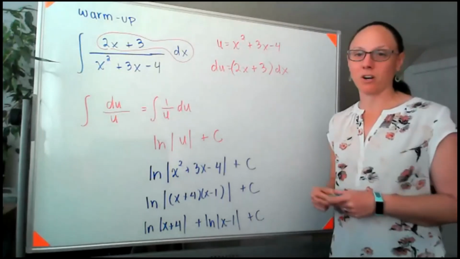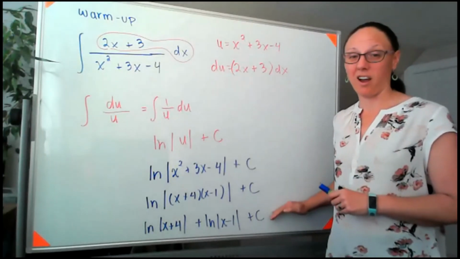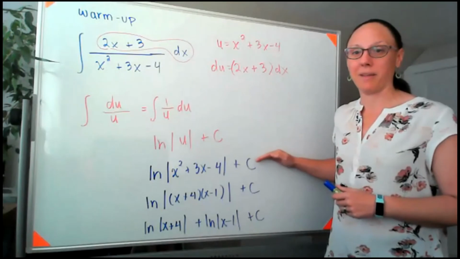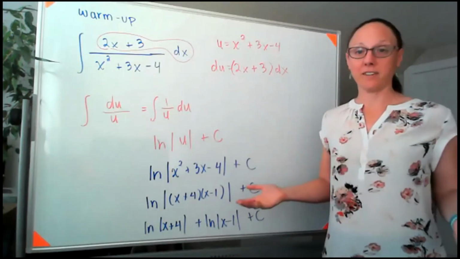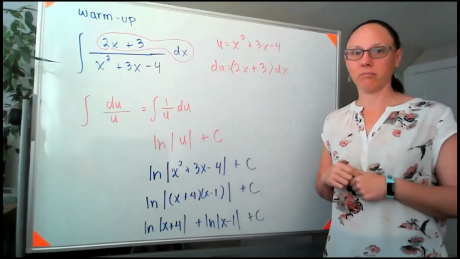So if you did this with partial fractions, I bet that's the answer you got. And if you did it with a u substitution, I bet this is the answer you got. But they're the same, so we're all good.